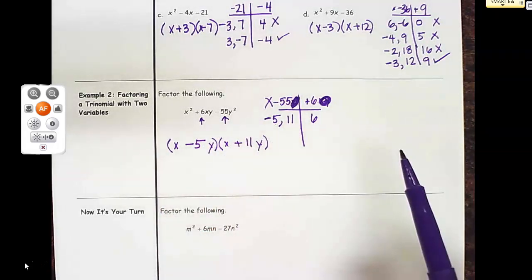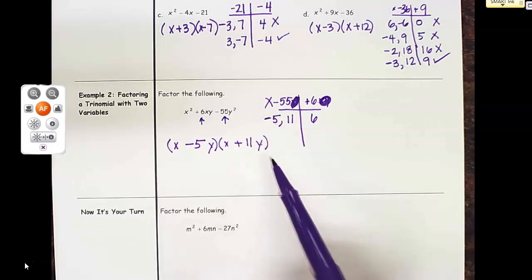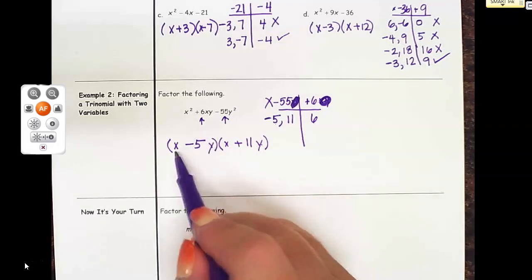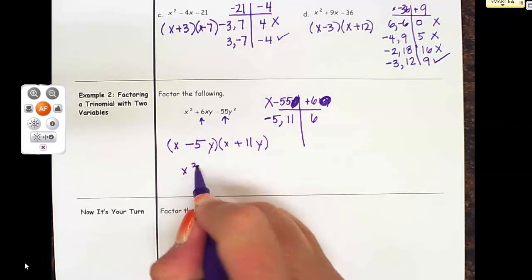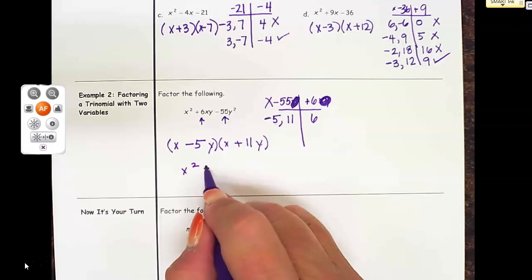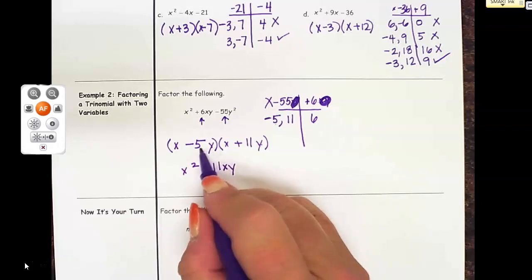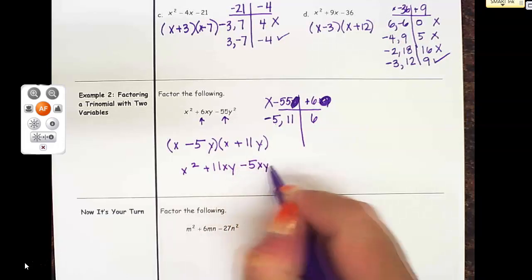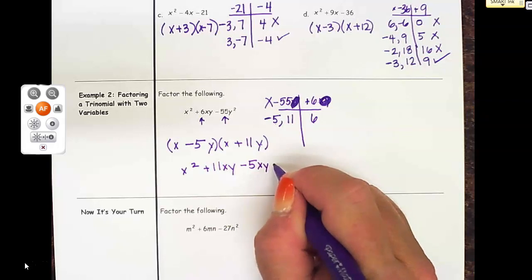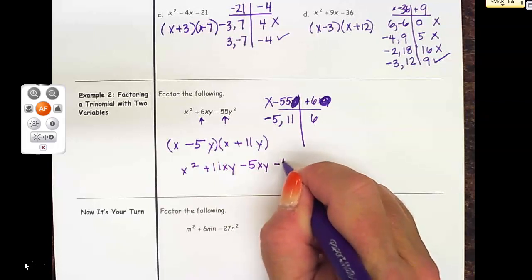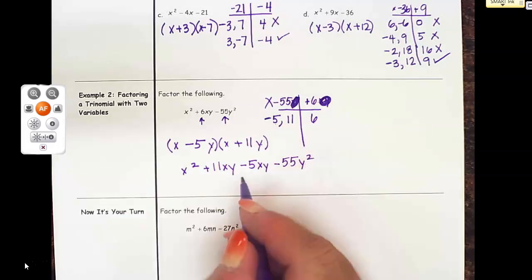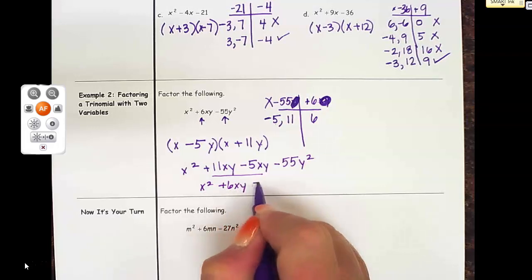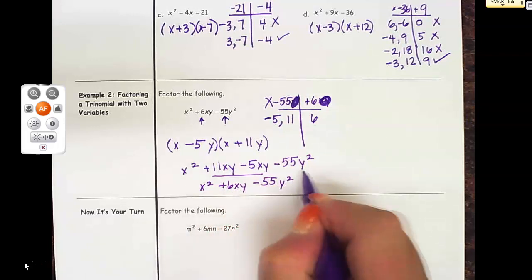And so if I were to check and work backwards, and working backwards from factoring is just foiling, I can go x times x is x squared, x times 11y is 11xy, negative 5y times x is minus 5xy. Remember, standard form, you put your variables in alphabetical order. And then minus 5y times plus 11y is minus 55y squared. So if I combine like terms, I end up back with what I started, which is how you know if you did it right.